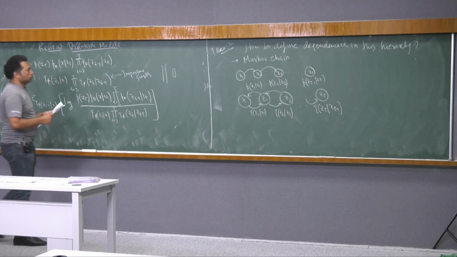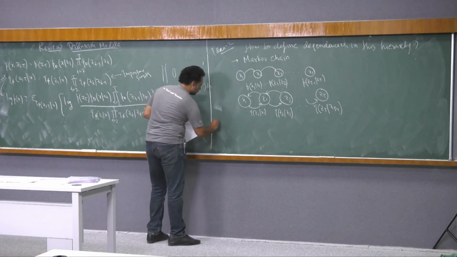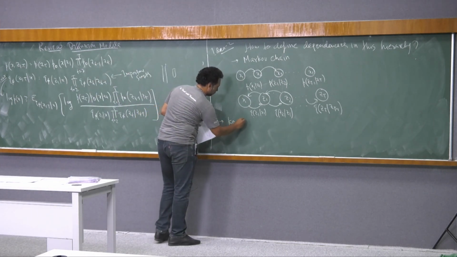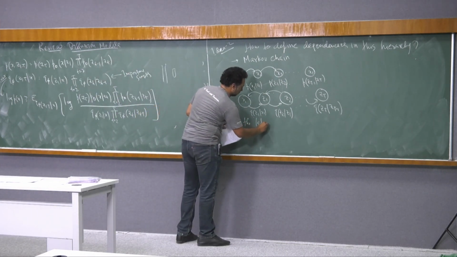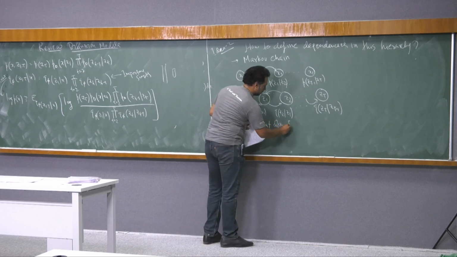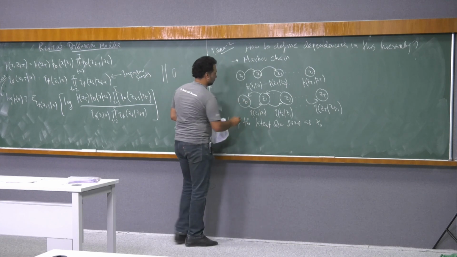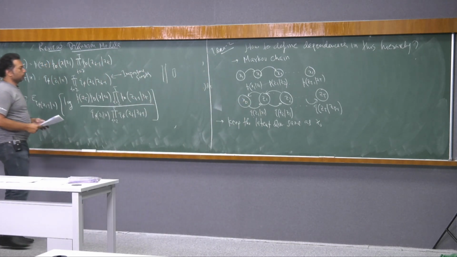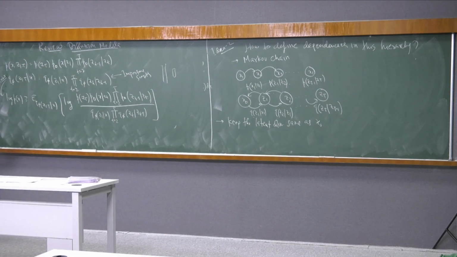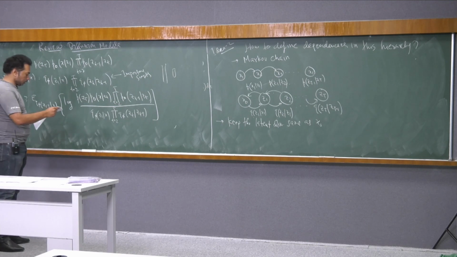So one of the ideas proposed was to keep the latent dimension the same as, let us say, the input x, or let us say x naught is the real image. Then we keep these latents the same.